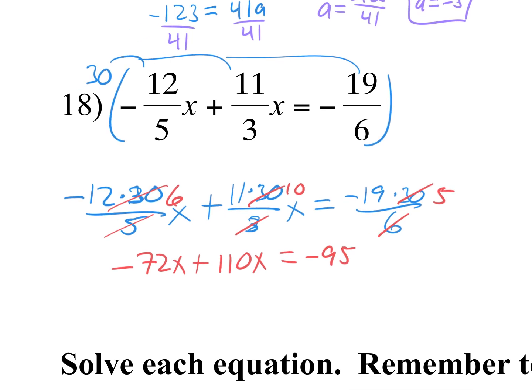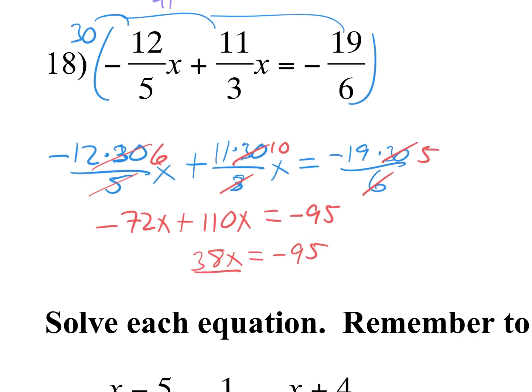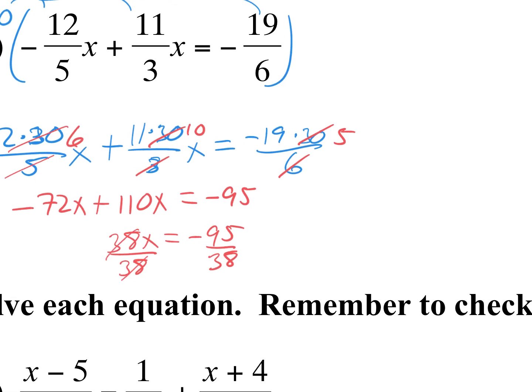And then negative 72 plus 110, I believe that should get you 38x. Yeah, 38x. And this equals negative 95. And then divide both sides by 38. Cancel out the 38. We get x equals negative 95 over 38.